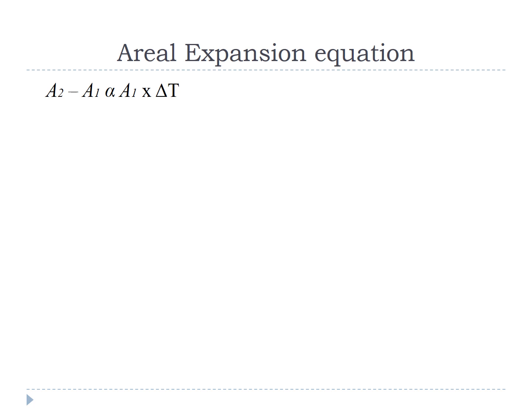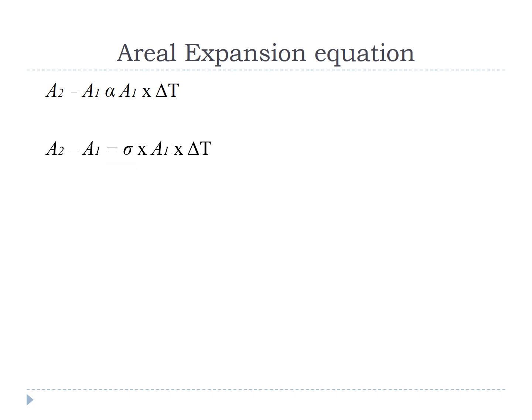A2 minus A1 is directly proportional to A1 and delta T. The change in area is directly proportional to the initial area, that is A1, and the change in the temperature, that is delta T. I want to put it in the form of an equation, so I put an is equal to sign and a constant. A2 minus A1 is equal to sigma into A1 into delta T. Here sigma is the coefficient of areal expansion of the solid.